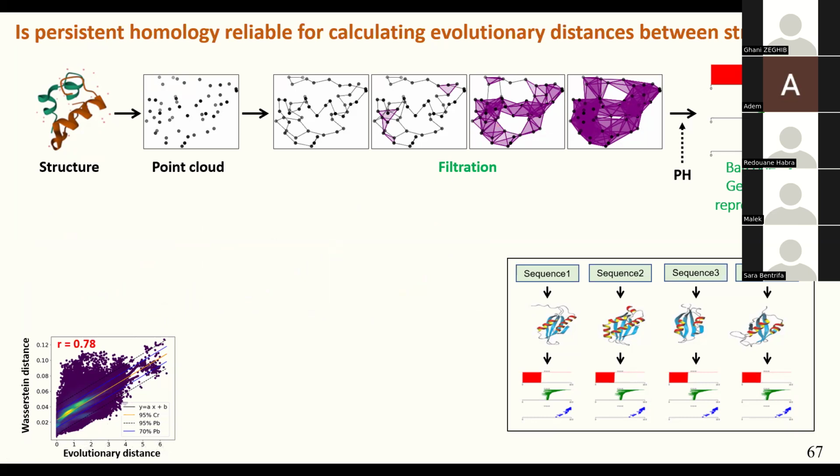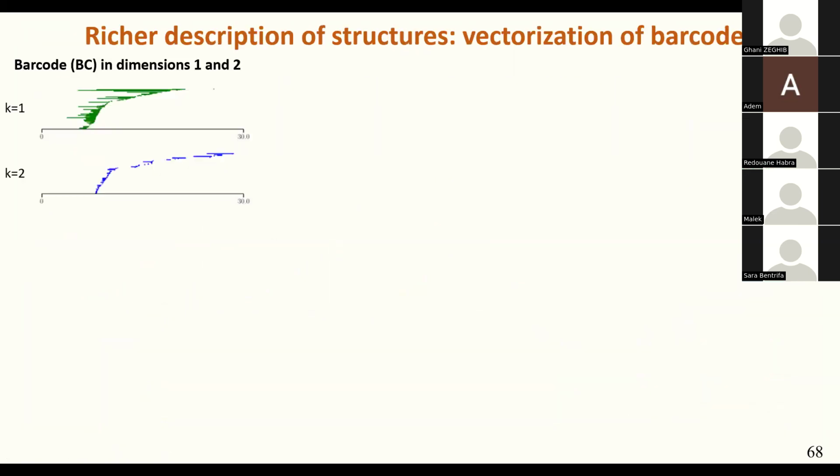So for the geometric representation, as I said, barcodes were considered to be a collection of intervals. And I wanted to really extract more information, not only intervals. I wanted to do some statistics on those barcodes.